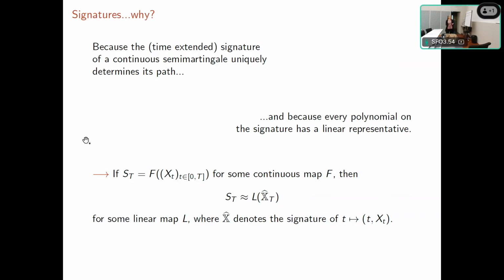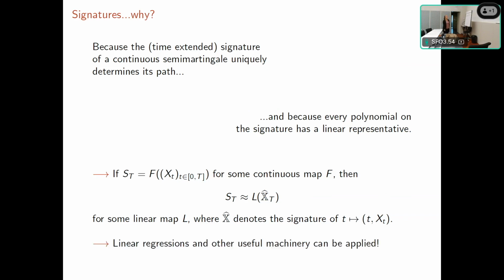And so you go from something that you can imagine is quite complicated and difficult to handle, to a linear map of the signature. Here you can resort to things related to linear maps that you could not do before. It's not that it's magic, it just lets you see the same problem in a slightly different way and connect with tools that you already had, and now you can apply them, essentially.